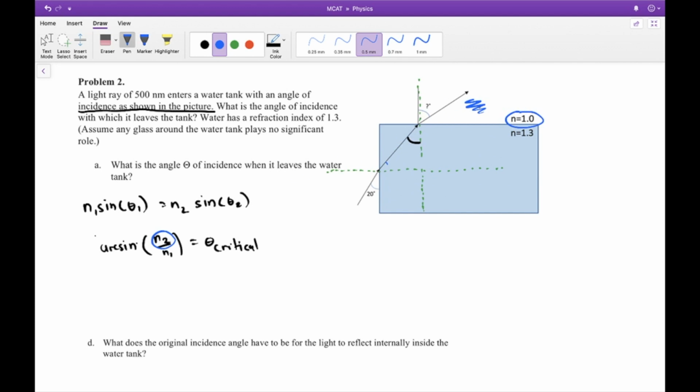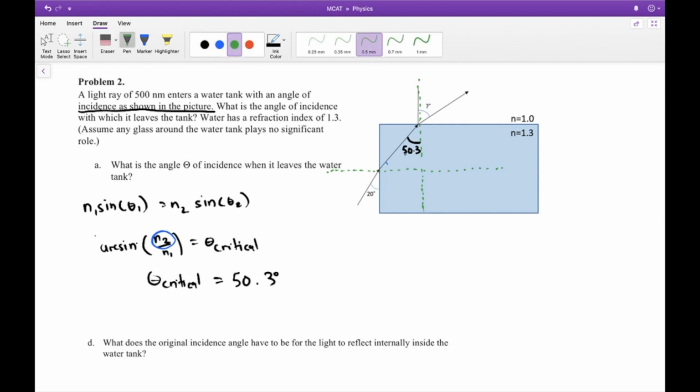So the n2 is going to be the outside air, and the n1 is going to be the water on the inside. So theta critical should give you 50.3 degrees for this angle right here. 50.3. But again, let's make sure we orient ourselves.